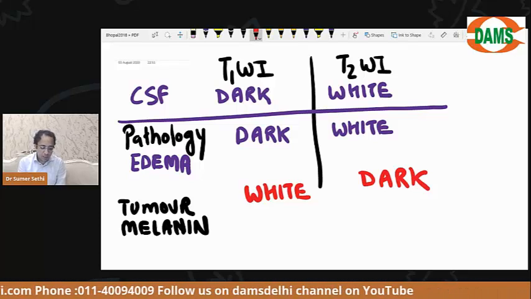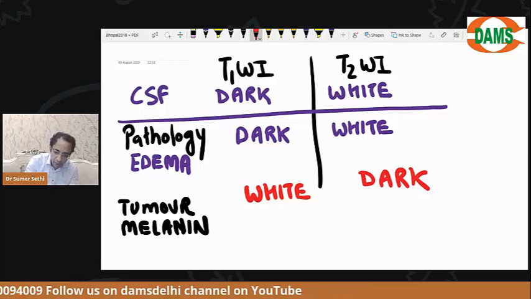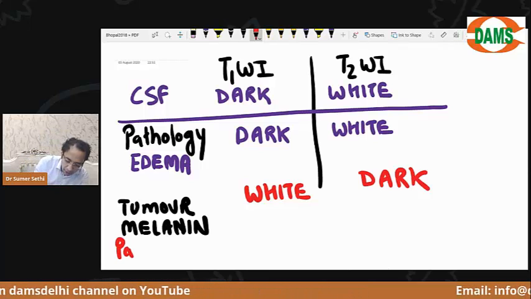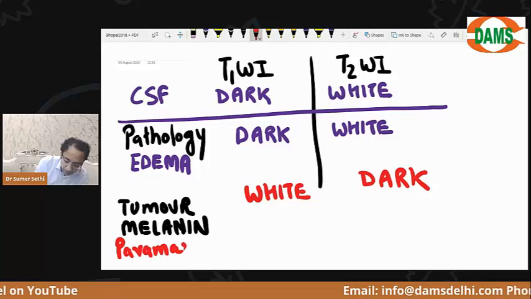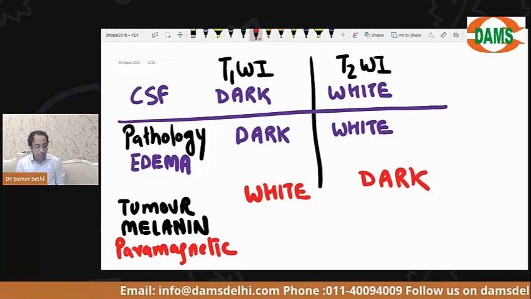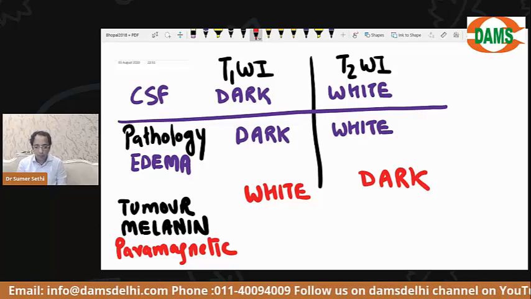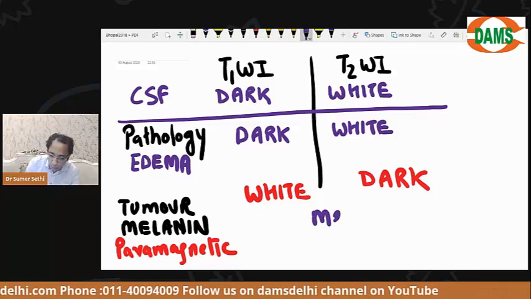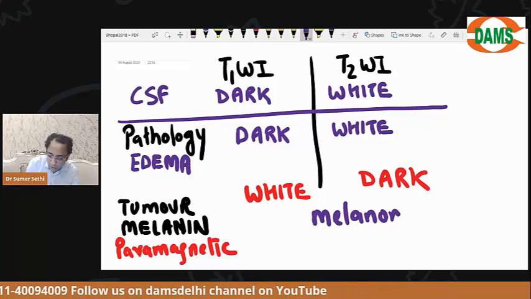Ocular melanomas, because of melanin, which has paramagnetic behavior, appear hyperintense on T1 weighted image and hypointense on T2 weighted image.